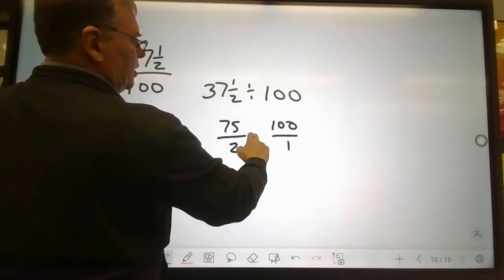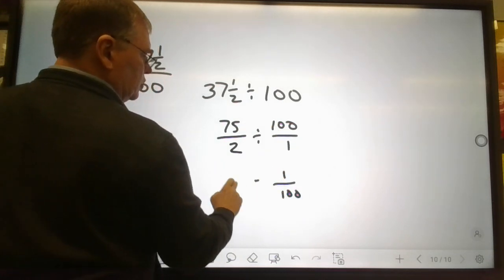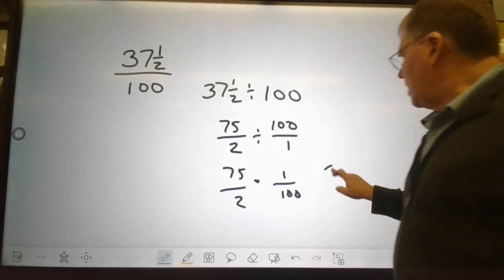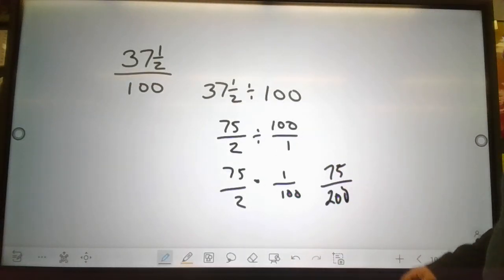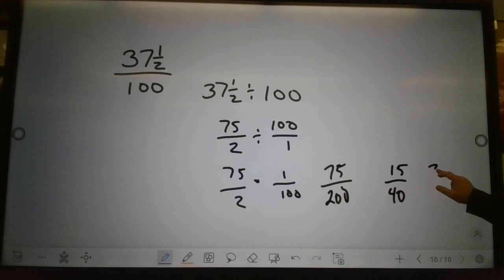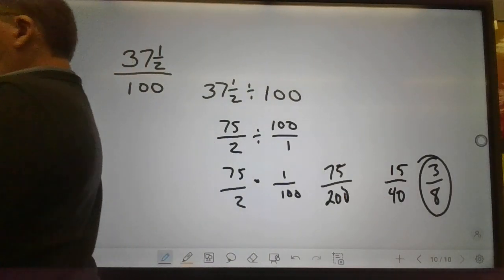And this is 100 over 1. Flip the second fraction. Change it to multiplying. So 75 over 200. And then reduce that fraction. If we divide by 5, we get 15 over 40. Divide by 5 again, I'd get 3/8. That is letter A.